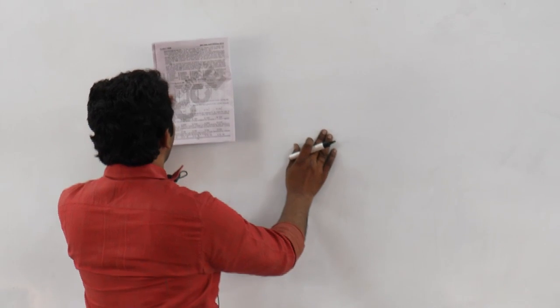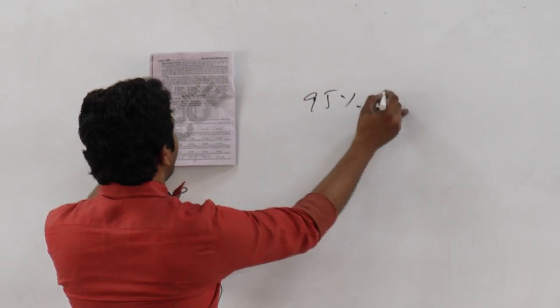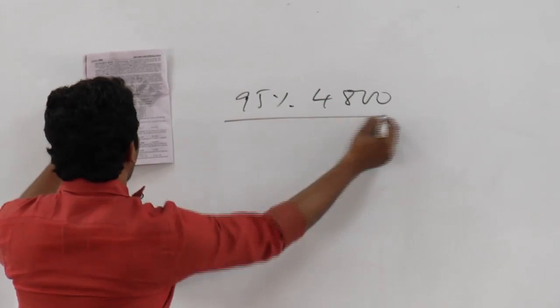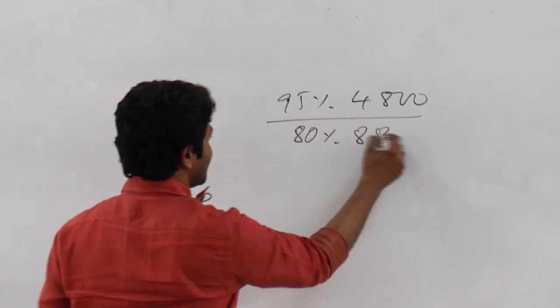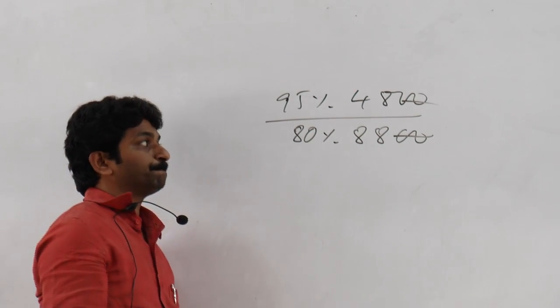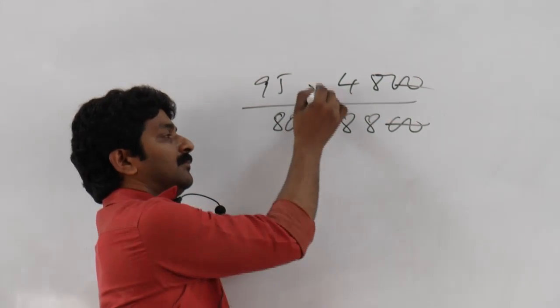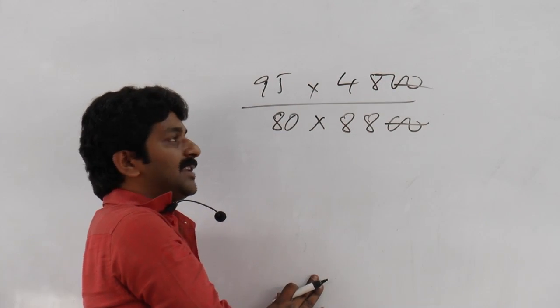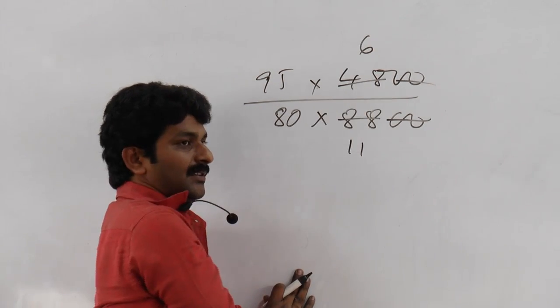Books distributed by company A, which is 95% of 4,800, and for company C it is 80% of 8,800. 2 zeros cancel, the percentage cancels. Cancellation with 8: 11 times, 6 times.